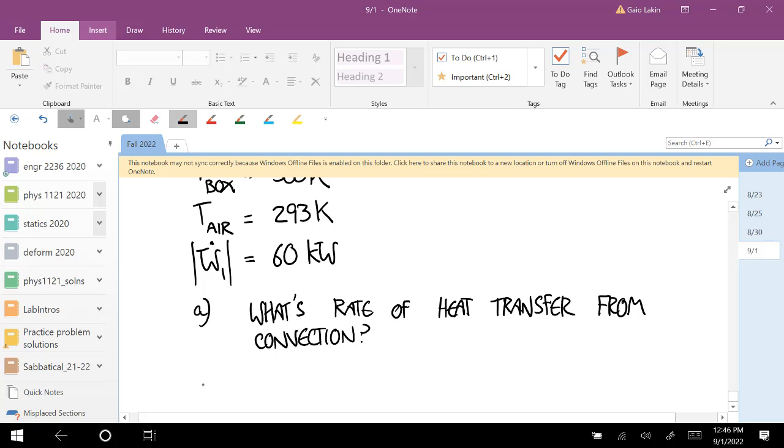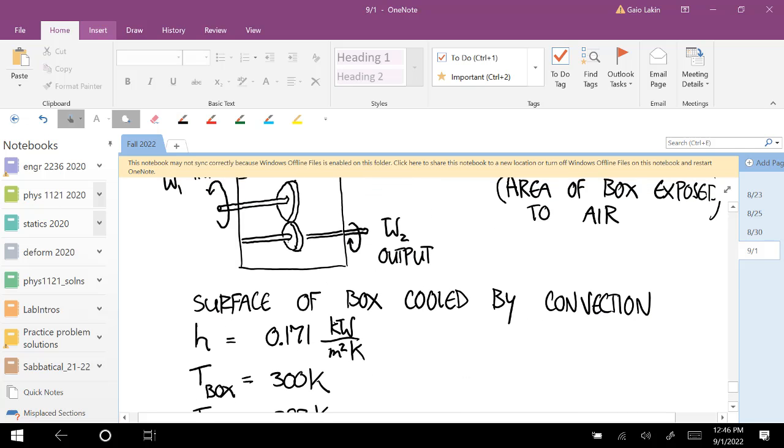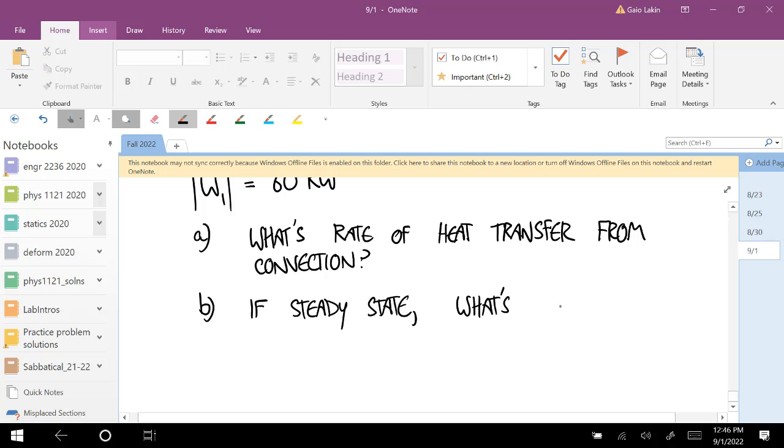And second, if we assume that this is a steady state process, what's the rate of work that's delivered by the second shaft at W2? So what's W2 dot? We're doing all of this as a rate.